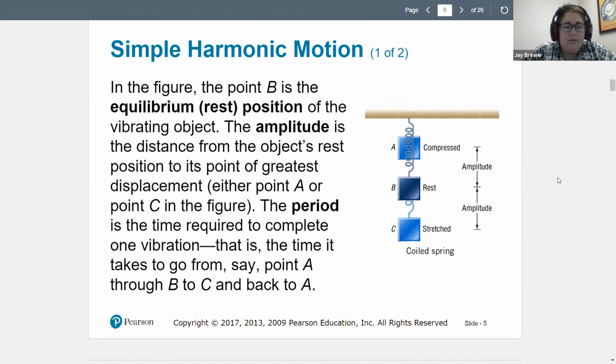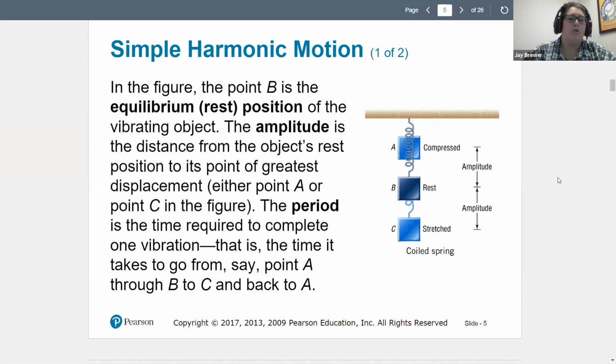In the figure, the point B is the equilibrium or rest position of the vibrating object. The amplitude is the distance from the object's rest position to its greatest displacement, either point A or point C in the figure. The period is the time required to complete one vibration.